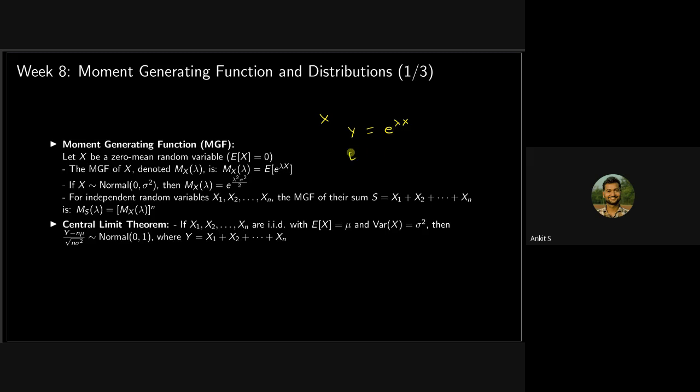And when we calculate the expected value of y, this is precisely what the moment generating function of a random variable is: expected value of e raised to the power lambda x. The main purpose of studying this was to deal with sums of random variables.